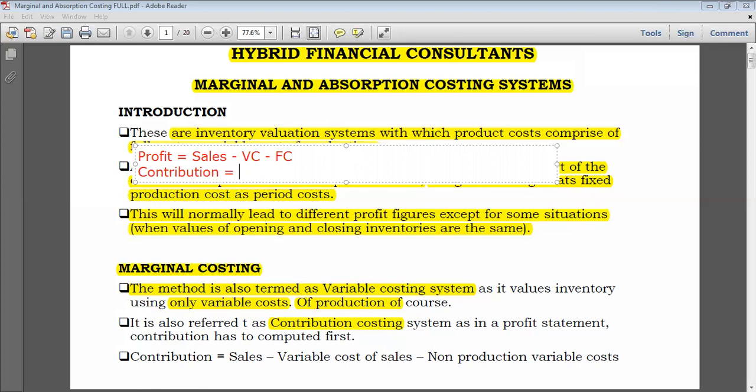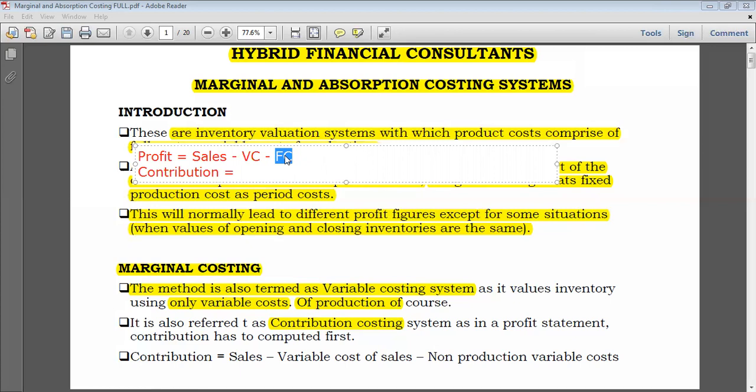Contribution simply means it is a contribution towards covering fixed costs. As I told you, when a carpenter commences business, having rented the warehouse, he would have paid for rent and other fixed costs.